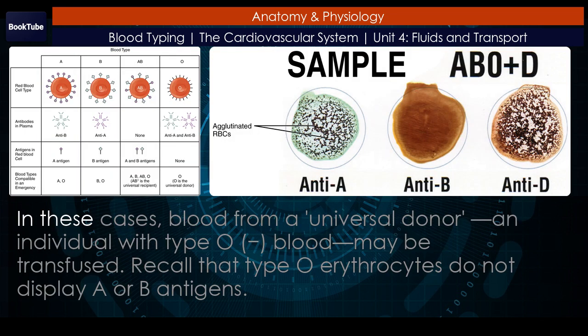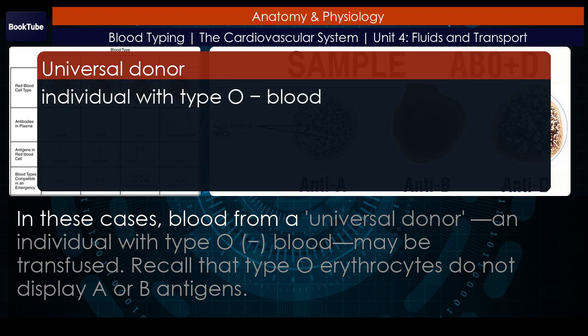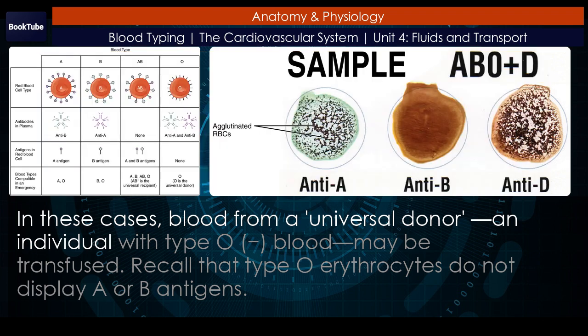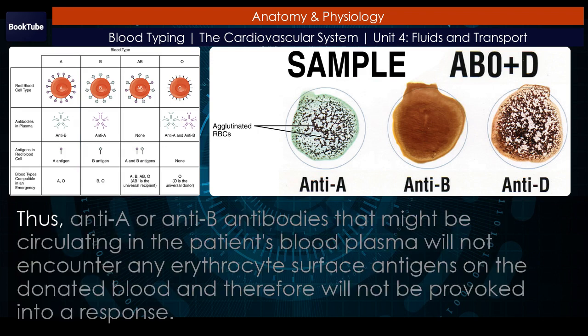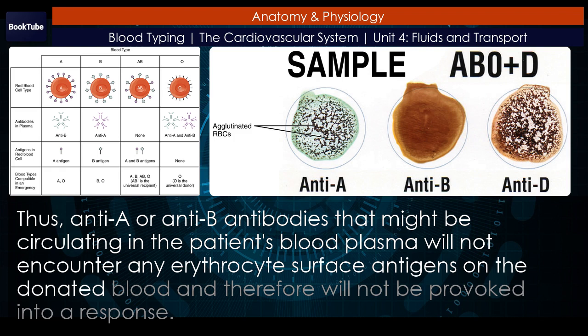In these cases, blood from a universal donor, an individual with type O- blood, may be transfused. Recall that type O erythrocytes do not display A or B antigens. Thus, anti-A or anti-B antibodies that might be circulating in the patient's blood plasma will not encounter any erythrocyte surface antigens on the donated blood and therefore will not be provoked into a response.